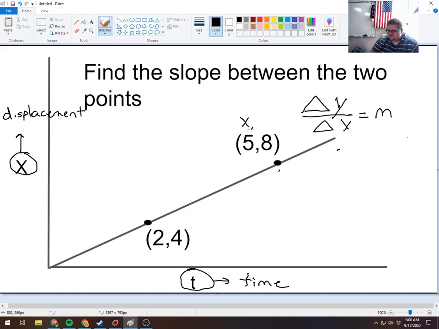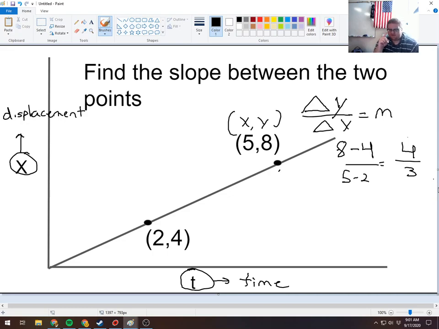I sometimes have to say it out loud so I don't get confused. So it would be 8 minus 4, divided by 5 minus 2. 8 minus 4 is 4, 5 minus 2 is 3. You get 4/3. That's the slope here, 4/3.